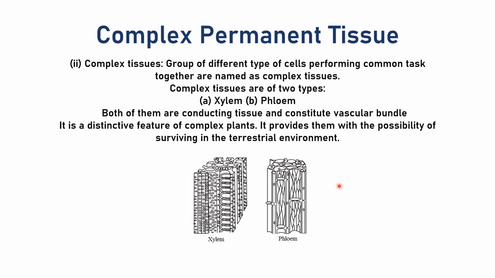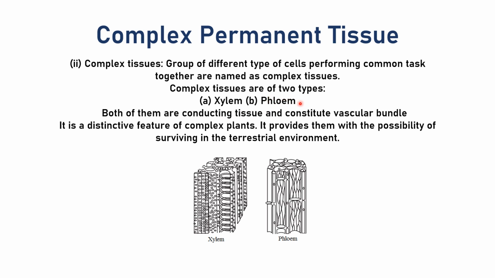They look different, but the group of cells performs a common task. Let's take the case of xylem: the common task is transportation of water and minerals from roots to the other parts of the plant, right? So this is all about complex permanent tissue.